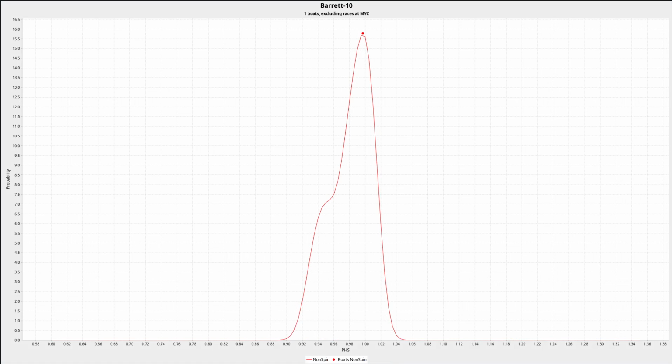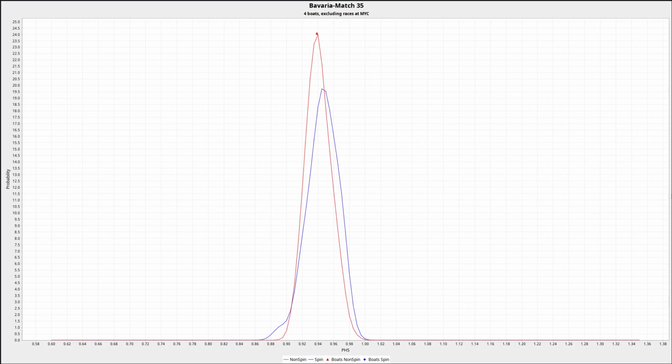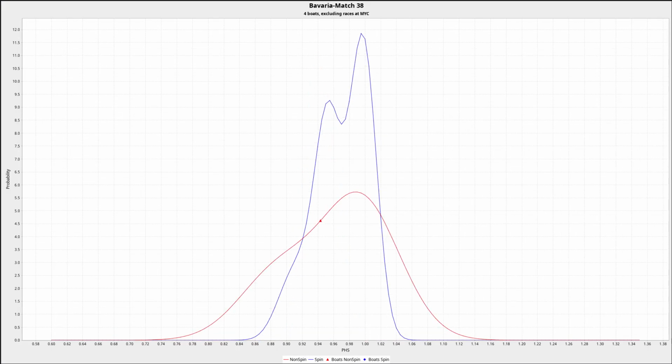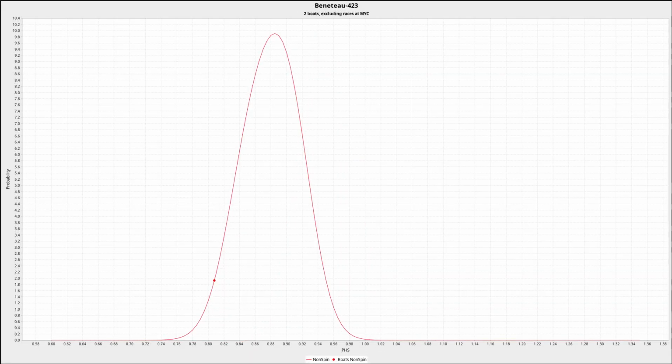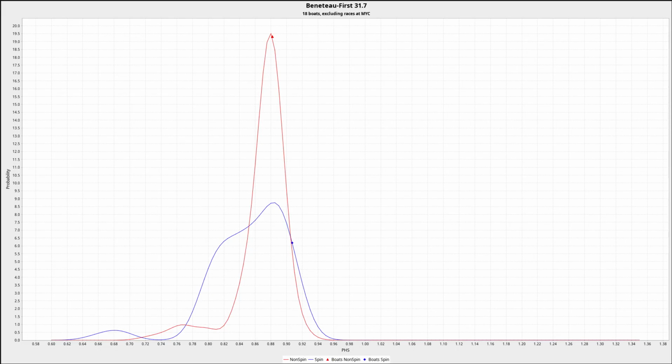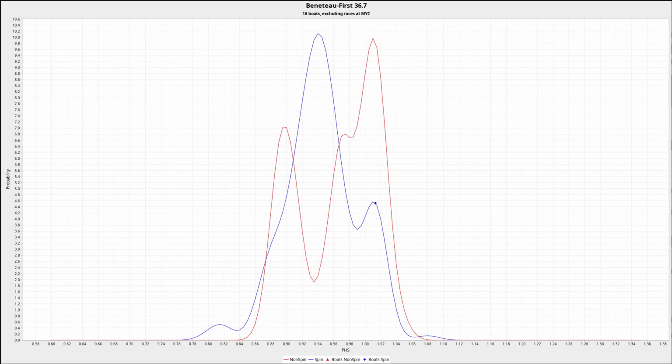Barrett 10, no idea what that is. And again, you see the number of boats. Bavaria Match 35, looks fine. Match 38, Beneteau 41, only one boat. Beneteau 42.32, 2 boats. Beneteau First 31.7, 18 boats outside of MYC, and when they race with us, we've handicapped them pretty close to the centre of their chart.